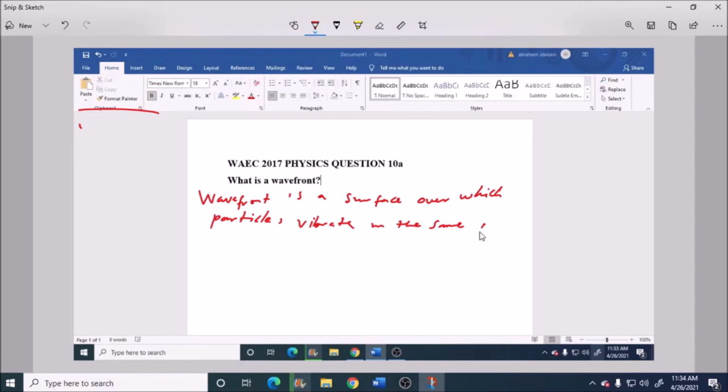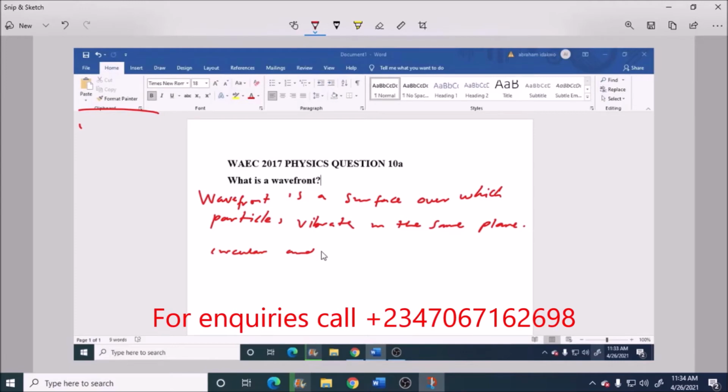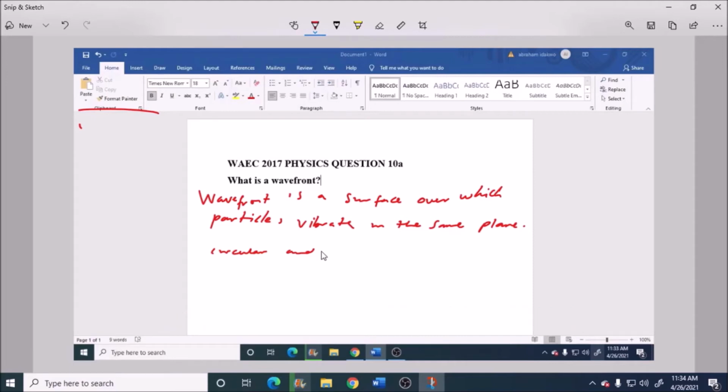Okay, now we have circular and plane wavefront. Now circular, these are waves. Then we have this is plane wavefront, and this is circular wavefront.